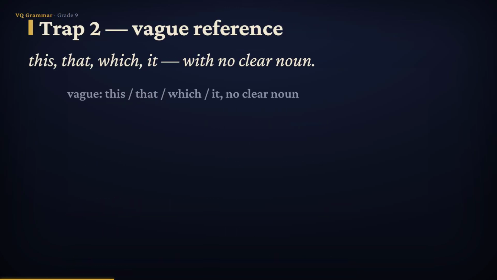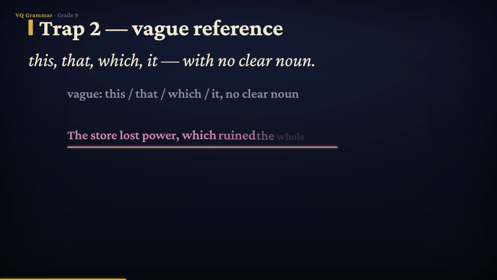The second trap is vague reference. This one shows up with the words this, that, which, and it. When you toss one out, but there's no clear noun for it to point back to. Take this sentence. The store lost power, which ruined the whole day. Now, which what? There's no single noun that which is naming.